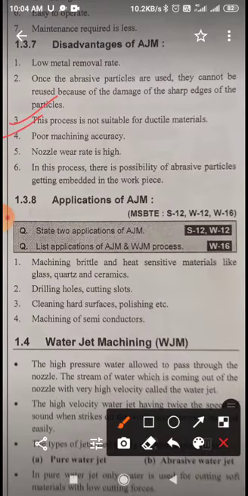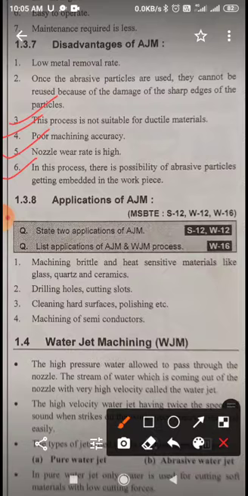Poor machining accuracy, it cannot be achieved at high level. Then nozzle wear rate is high, as the abrasives get rubbed with the inner surface of the nozzle, so the nozzle wear is high. That's why we need a harder nozzle. Then in this process there is possibility of abrasive particle getting embedded in the workpiece.